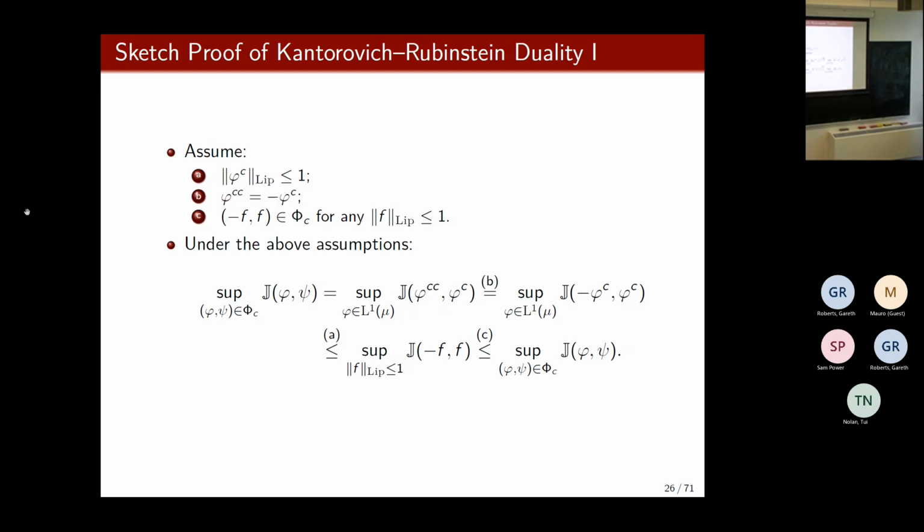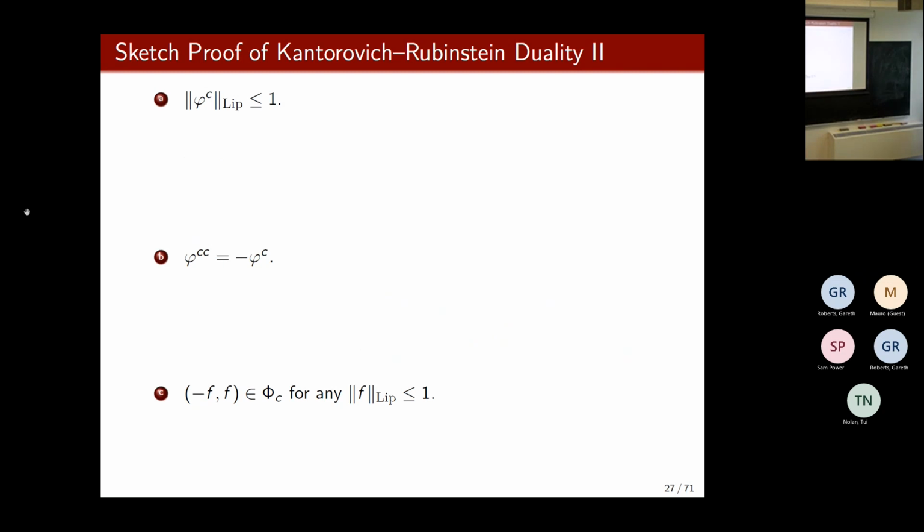So what I really have to do now is to show these three facts here. To start off with, the first thing I want to know is that the C transform of phi has Lipschitz constant less than or equal to 1. So I can take two arbitrary points and look at the difference between them.